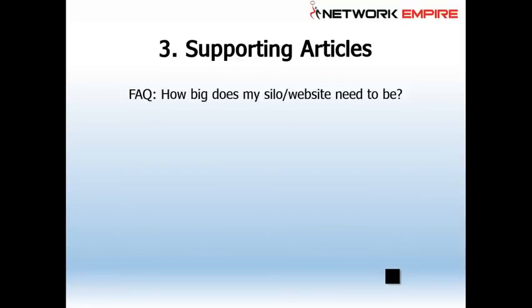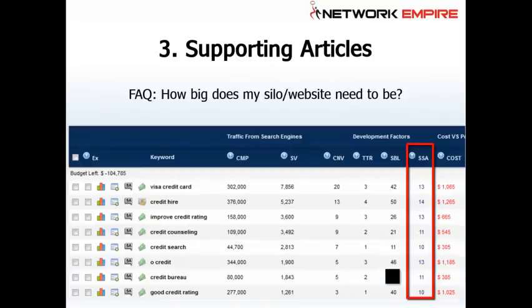Now we can tell you exactly how many supporting articles you're going to need for a keyword. You can look at your keyword here, come across the screen, and say, okay, I'm going to need 13 supporting articles. If Visa credit card is going to be your silo landing page, that means you need 13 supporting articles in your silo in order to rank effectively for this keyword.